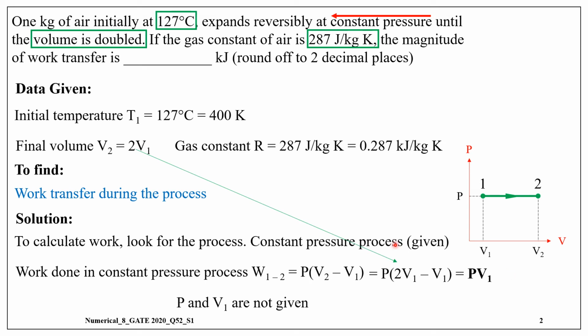Therefore, to find the answer, work done during the process, the data of pressure and the volume at state 1 are required, but both are not given.